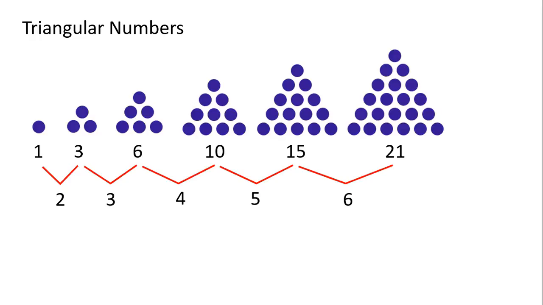So if we'd like to know what the next triangular number is after 21, we simply have to add the next number in the sequence 2, 3, 4, 5, 6, 7 to get the next triangular number. 21 plus 7 is 28.